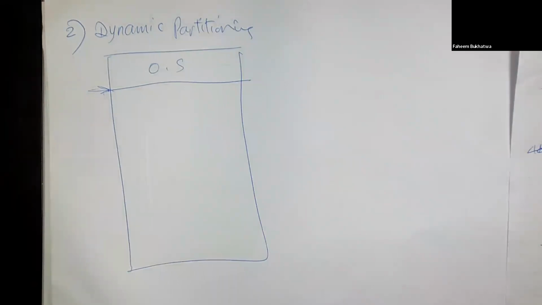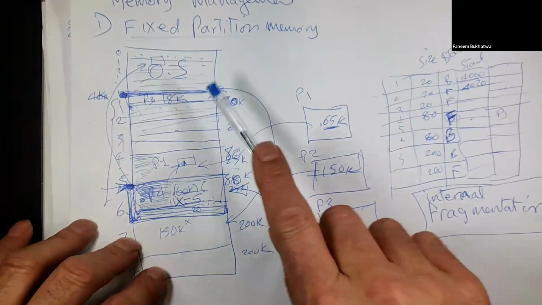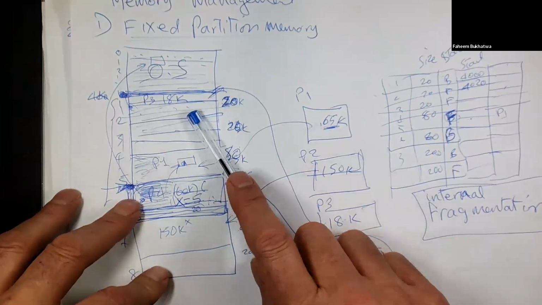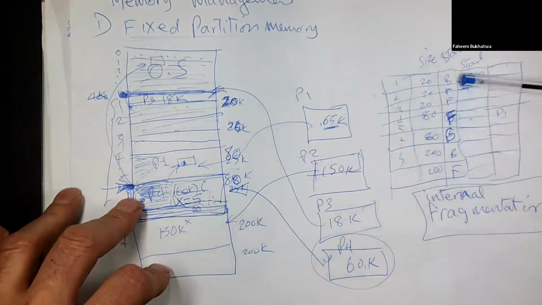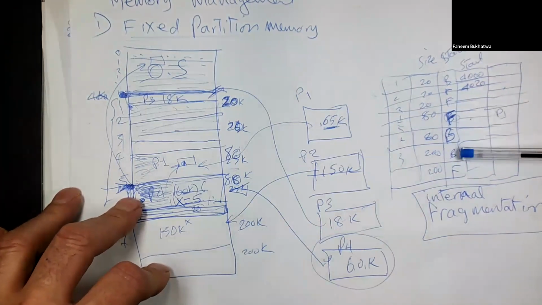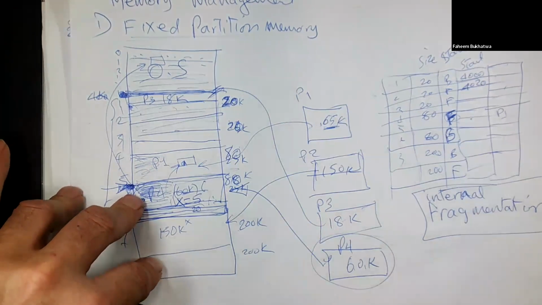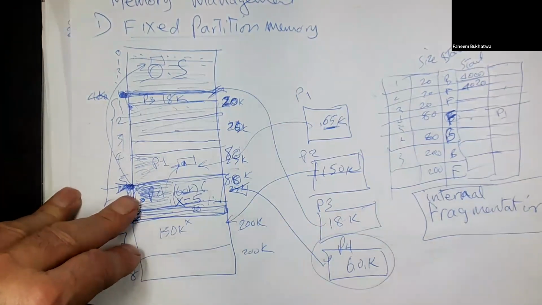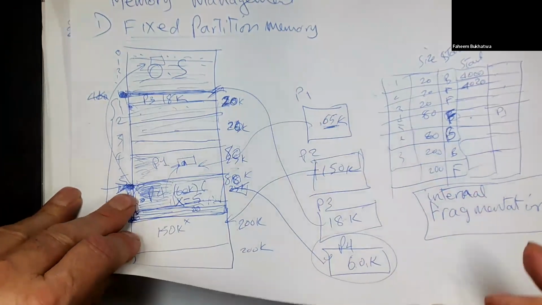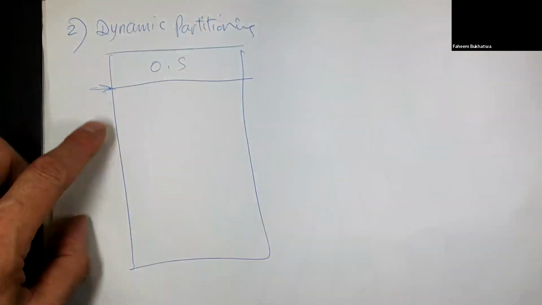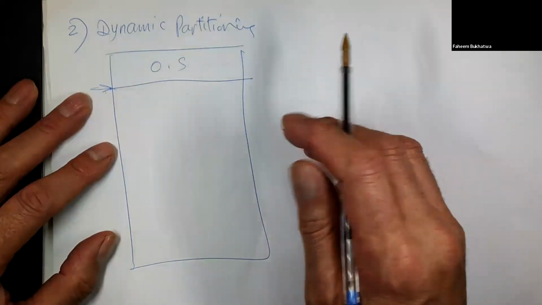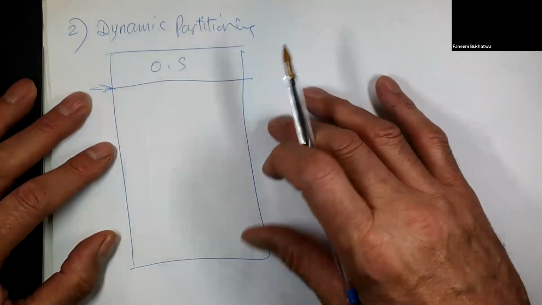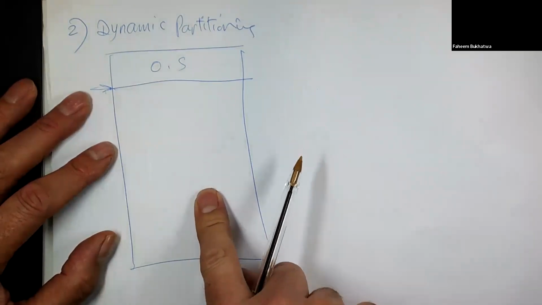That's fine. Now, when a program comes in with the fixed partitioning system, the old system we looked at, a program comes in, it says, I need 25. We have to go through the table and find a block that will accommodate it, and that's free, and we will allocate it into that place. With the dynamic partitioning, let's say we have a big block that will accommodate it.